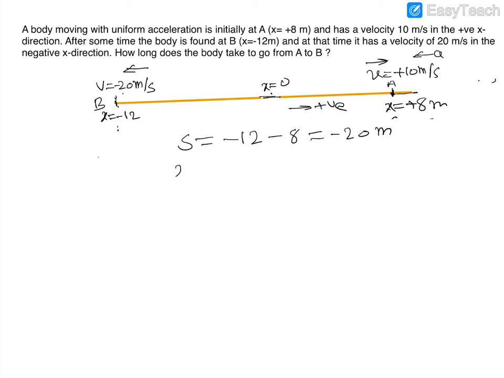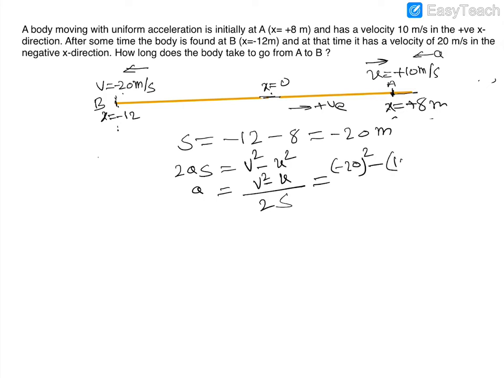So 2as is equal to v square minus u square, so a is equal to (v square minus u square) upon 2s. v square is (minus 20) whole square, minus u square is plus 10 square, upon 2 into s, which is minus 20.